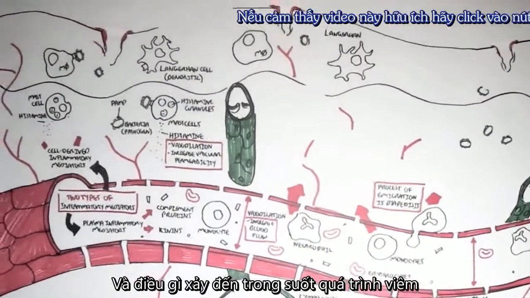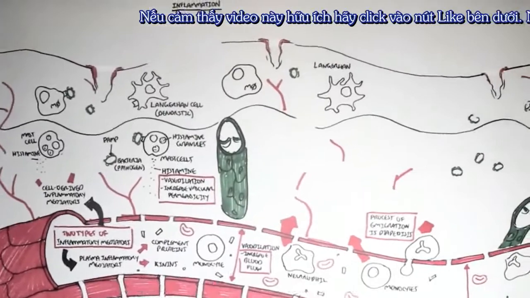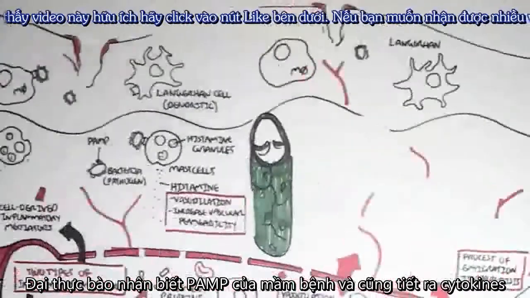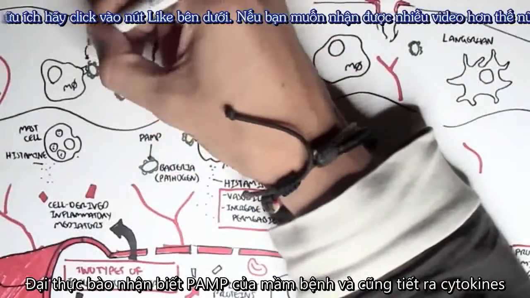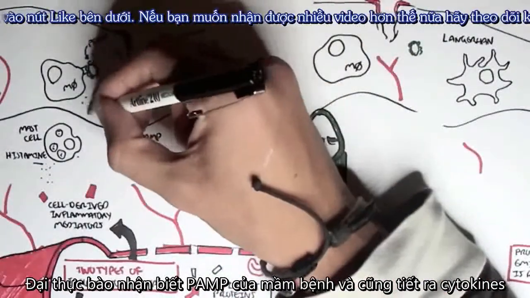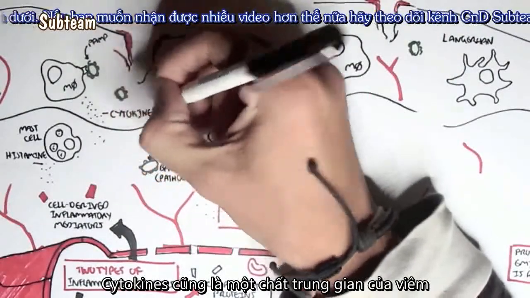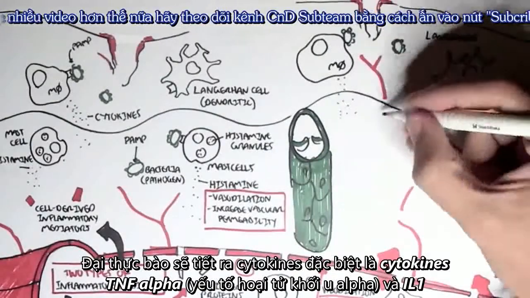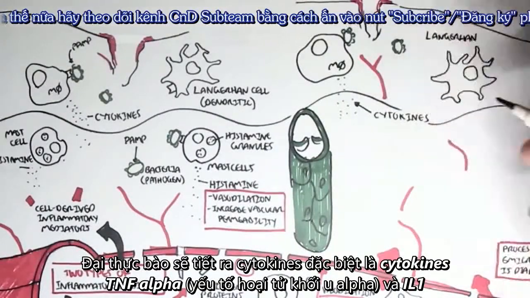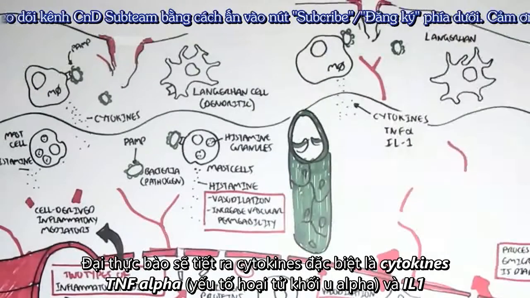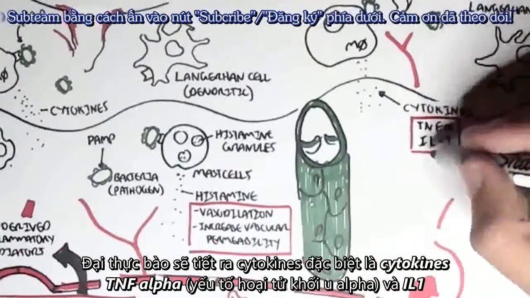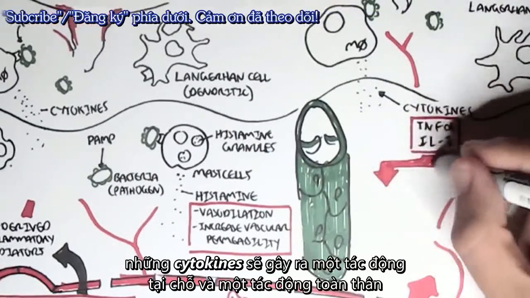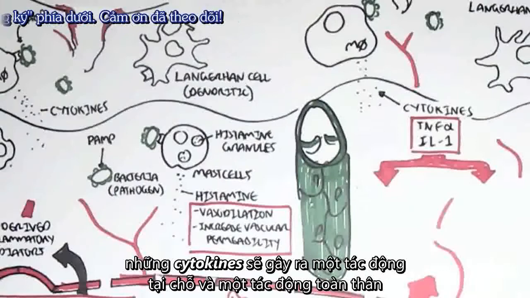Now, what else could happen during this inflammation process? Well, the macrophages, which recognize the PAMPs of the pathogen, will also secrete cytokines. Cytokines are also inflammatory mediators. The macrophages will secrete cytokines, particularly TNF-alpha, tumor necrosis factor alpha, and interleukin-1. These cytokines will cause a local effect and a systemic effect.